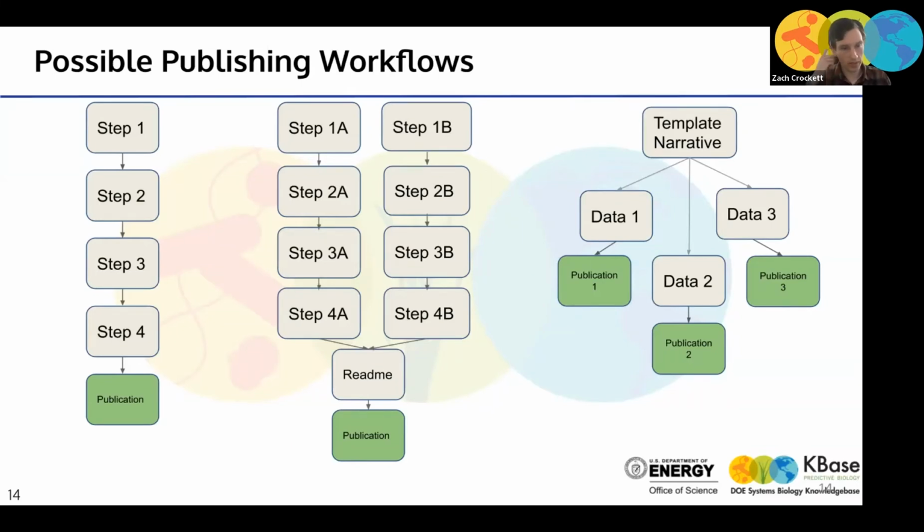If you have a simple analysis and you know what you're doing from the start, a lot of times it'll look like this first one on the left, where it's just a straight path. You import, assemble reads, annotate, and then build a metabolic model, and then you're done.